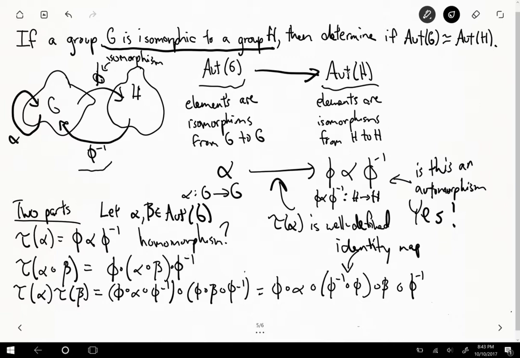With that in mind, we can break this down a little bit further. This is phi, don't let your eyes fool you, that's a phi right there, composed with alpha, composed with beta, composed with phi inverse. So what happens at the end of the day? We can rewrite this exactly the same way, just drop the parentheses. Phi composed with alpha composed with beta composed with phi inverse, and so tau is a homomorphism.